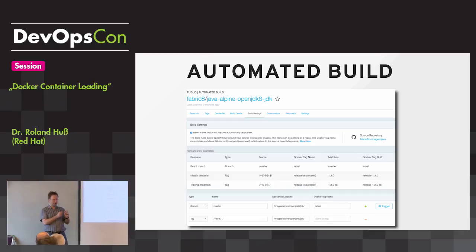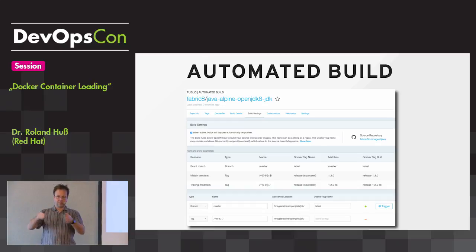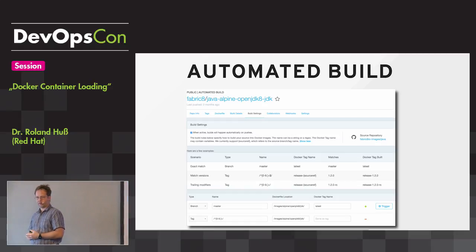You simply have some sort of regular expression and say, okay, anytime I tag something which has only digits, I simply tag it the same way on Docker Hub. So you don't always push just the latest one, but you can synchronize the way you make releases on GitHub with the images on Docker Hub. This is quite nice, and we also use it for our images. You see, this is an example from our base images here.